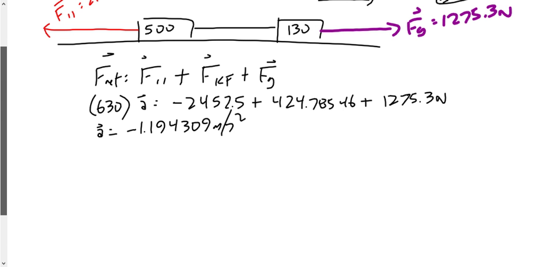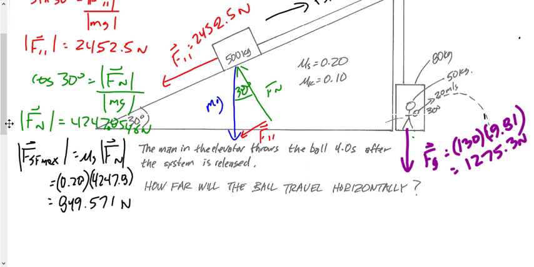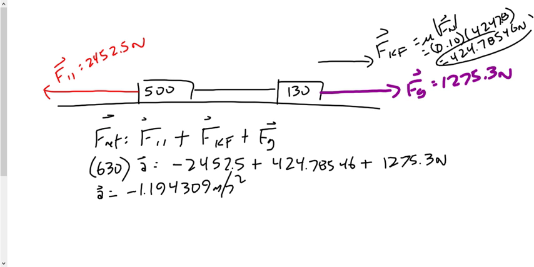If I'm releasing this ball in this elevator after 4 seconds, then I want to know where I'm releasing it from. At what height is it released from? So I know that it's accelerating at 1.19 meters per second squared for 4 seconds.